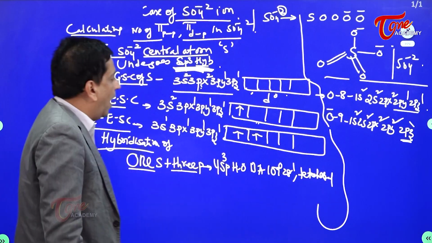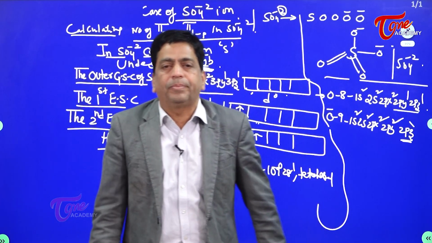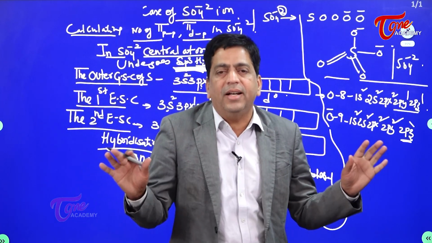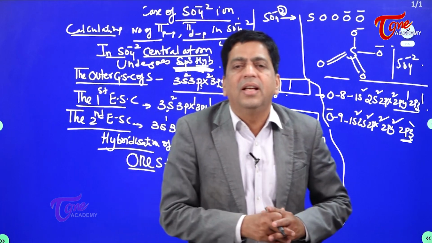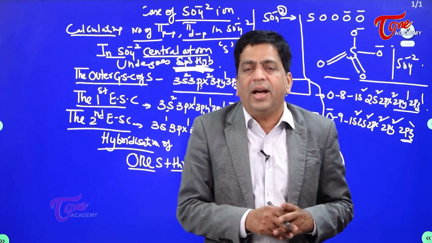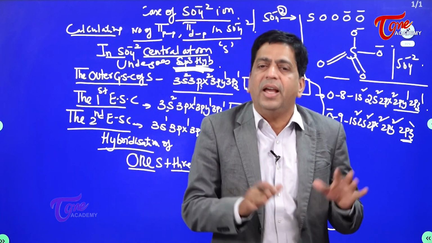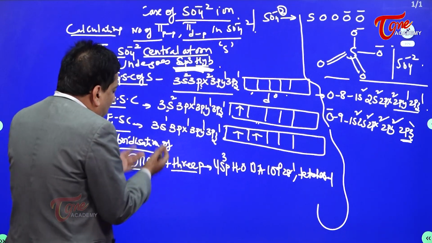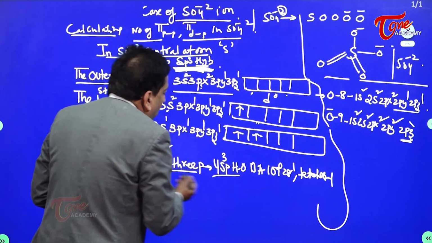Everything is fixed before bonding. So after getting 6 electrons in the second excited state, I'm still not calling my partner. I want to sit in a proper position, then call the partner. So here is the hybridization: 1s and 3p's giving you 4 sp3 hybrid orbitals.